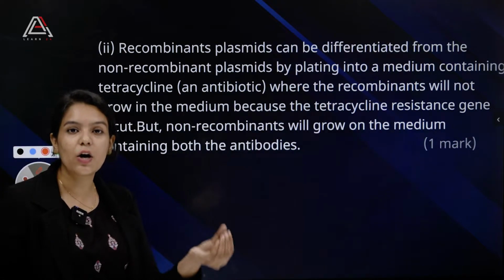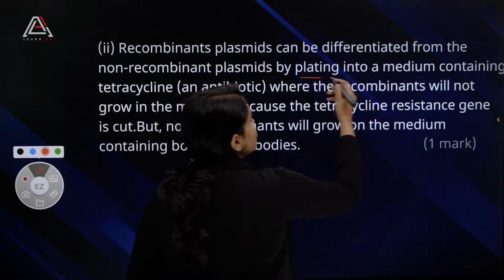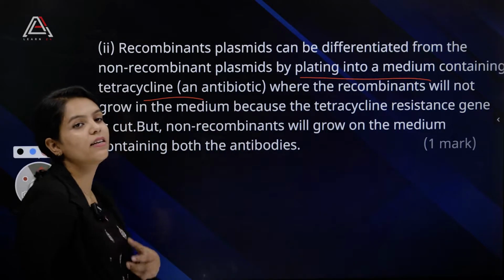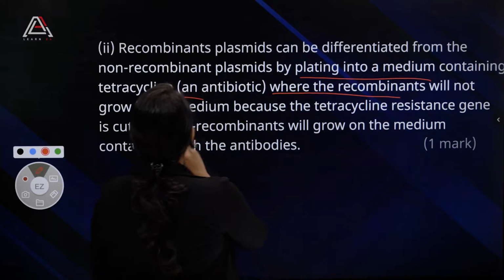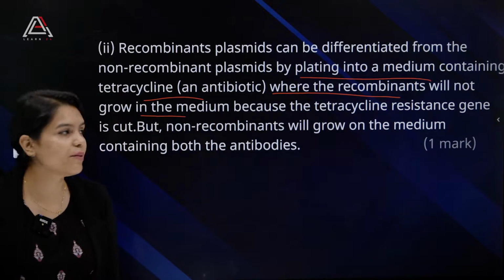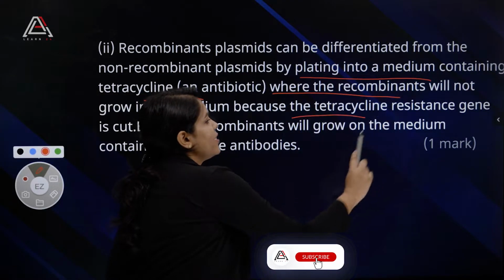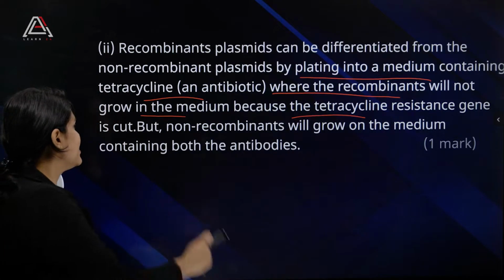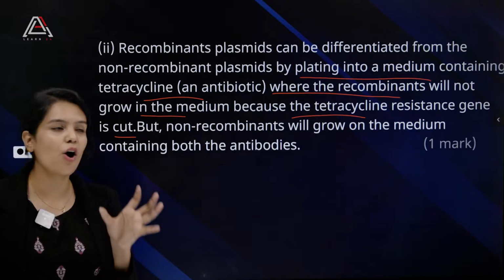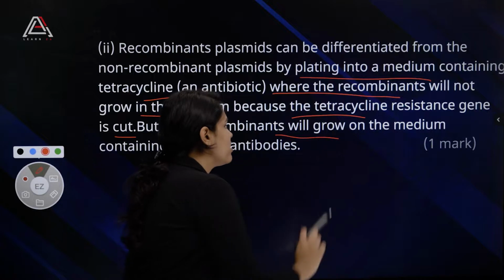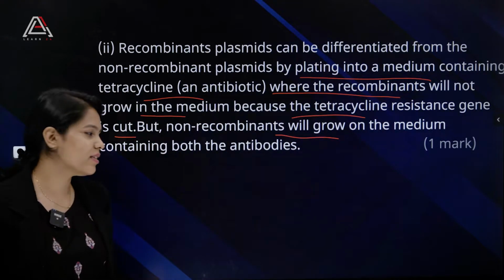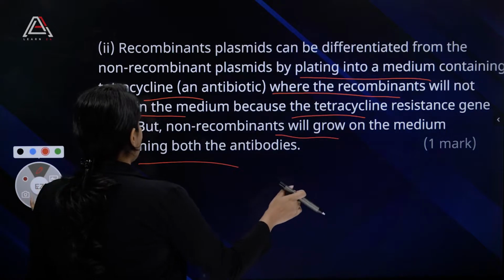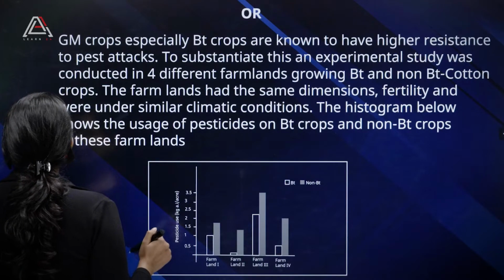By plating the recombinant and the non-recombinant ones onto a medium containing tetracycline. Tetracycline is an antibiotic. The recombinants will not grow on the medium because the tetracycline resistant gene is cut here, and the non-recombinant one will grow on the medium because the tetracycline resistant gene is present here.